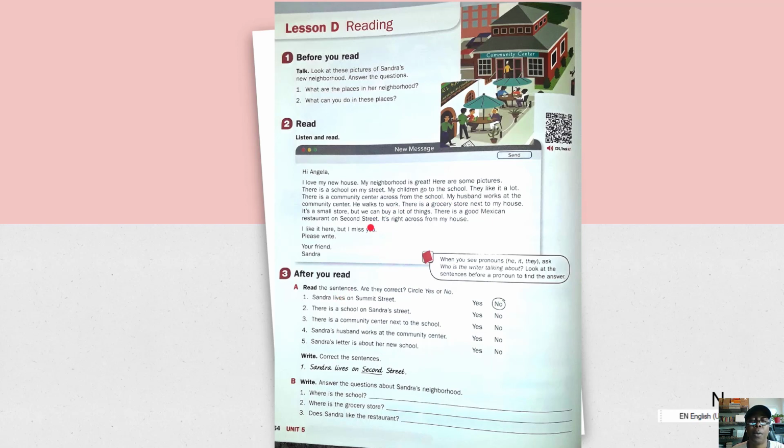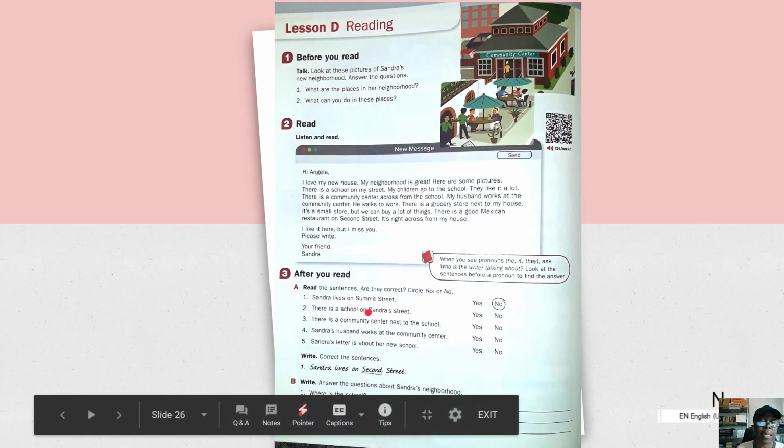Except we come right here and it says, it's right across from my house. What is across from her house? The Mexican restaurant. So if the Mexican restaurant is on 2nd Street, then guess what? Her house is also on 2nd Street. So she lives on 2nd Street, not on Summit Street.